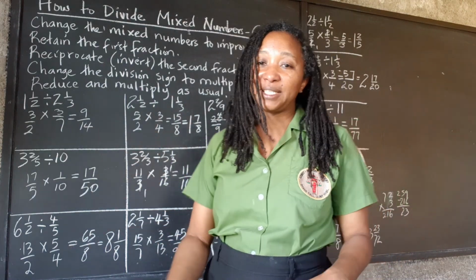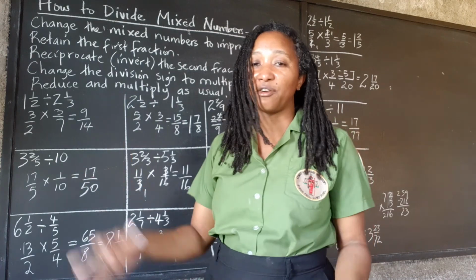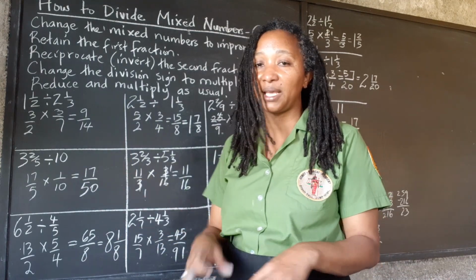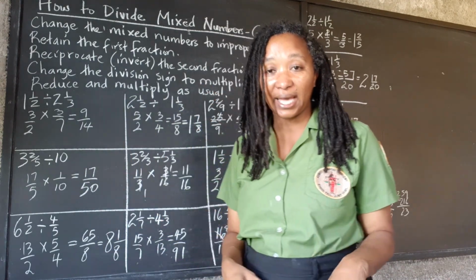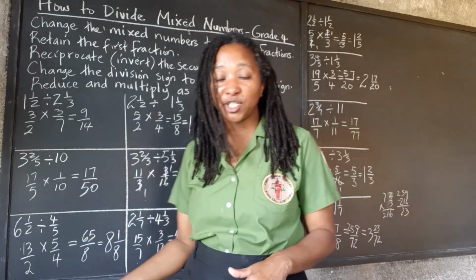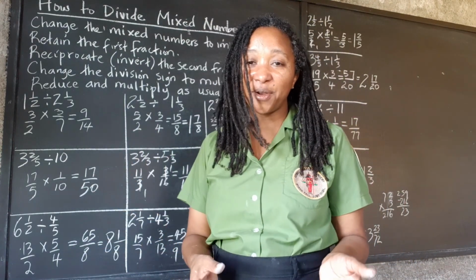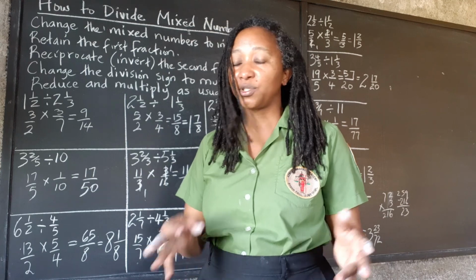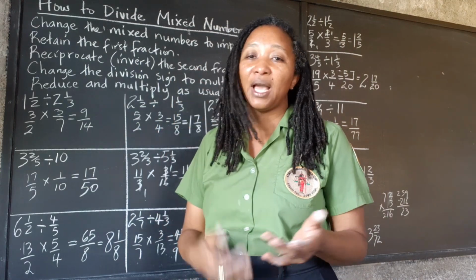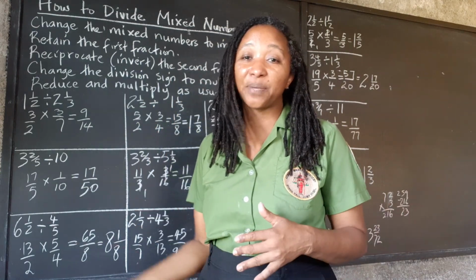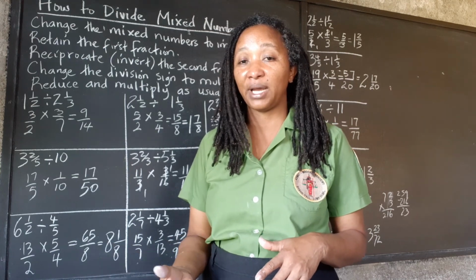Through centuries of trial and error, mathematicians realized that you get the same result when you divide a number by something as when you multiply that number by the reciprocal of that fraction, right?